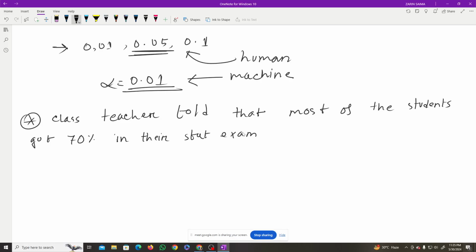But you're not really convinced with this. So you want to do a hypothesis test in this. So in that case, your population mean is 70%, population mean grade.